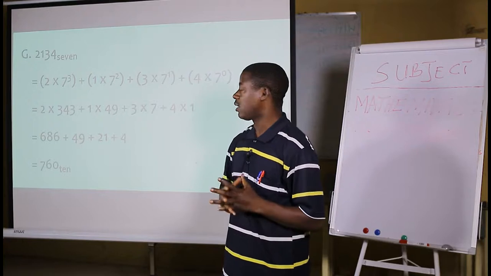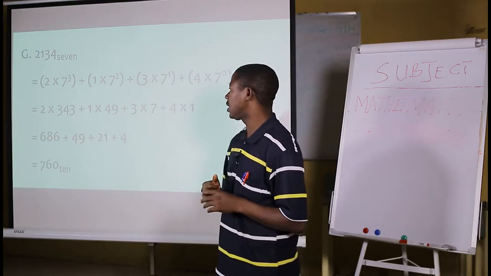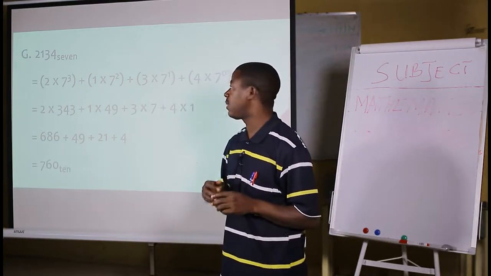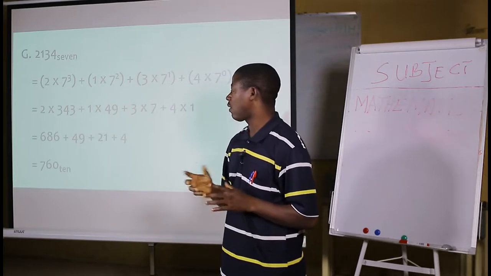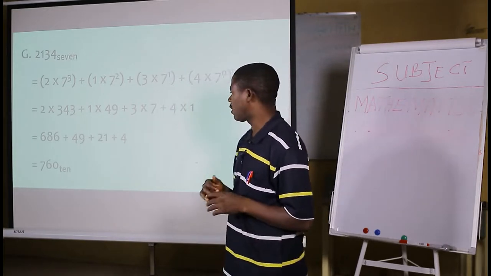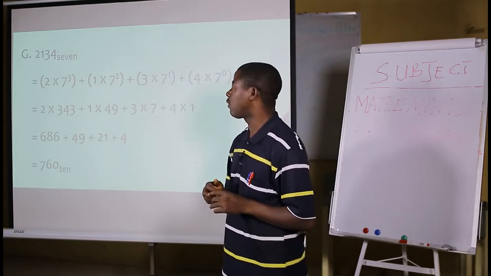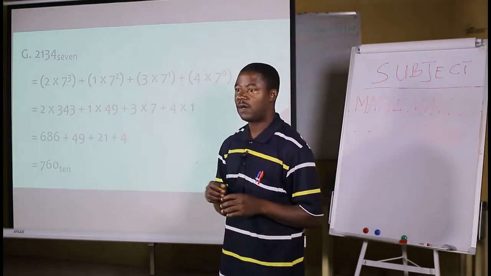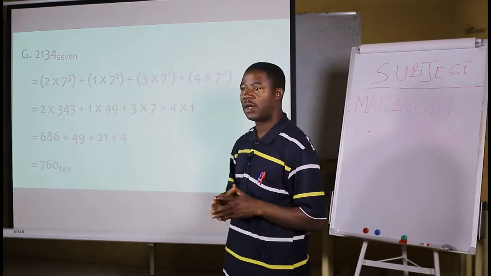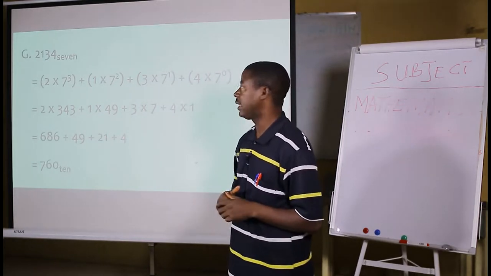It means 2134 base 7 converted to base 10 will be 760 base 10.